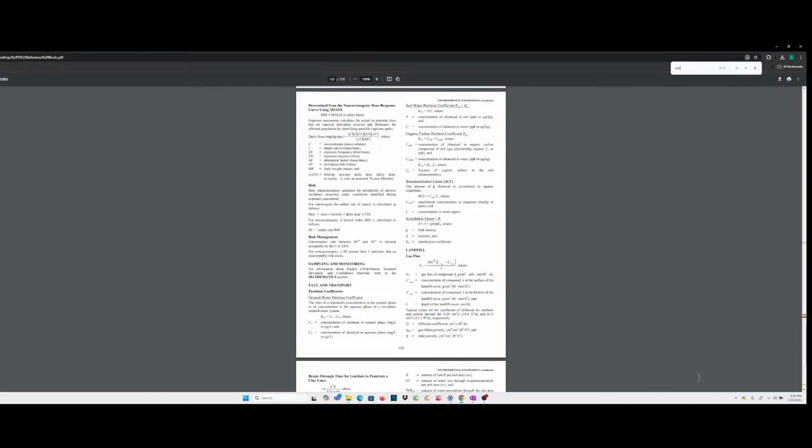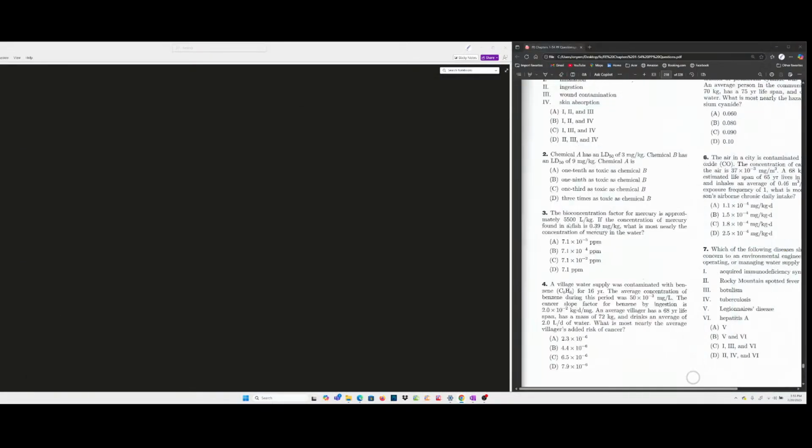We're also going to use this BCF formula, so look at it very well. The question says the bioconcentration factor, known as BCF, for mercury is approximately 5,500 liters per kilogram, and the concentration of mercury in fish is 0.39 milligrams per kilogram.